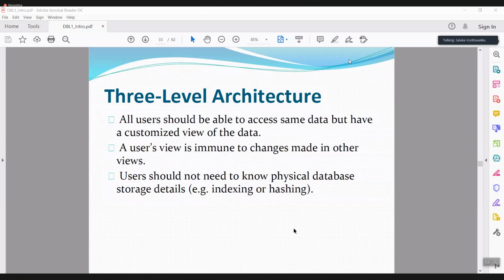Let's start with where we stopped last time. Last time we discussed the database approach in general, where we started with the definitions of the terms database, information and knowledge.